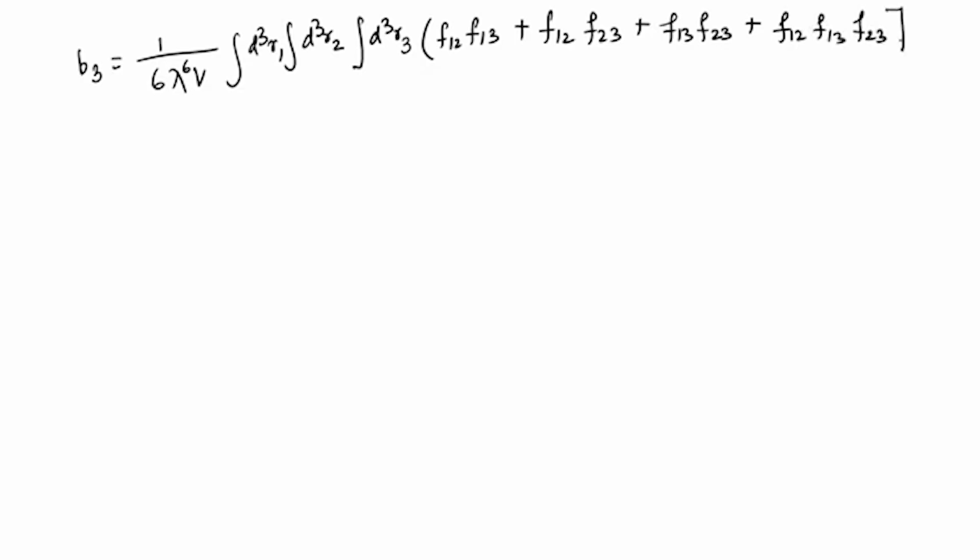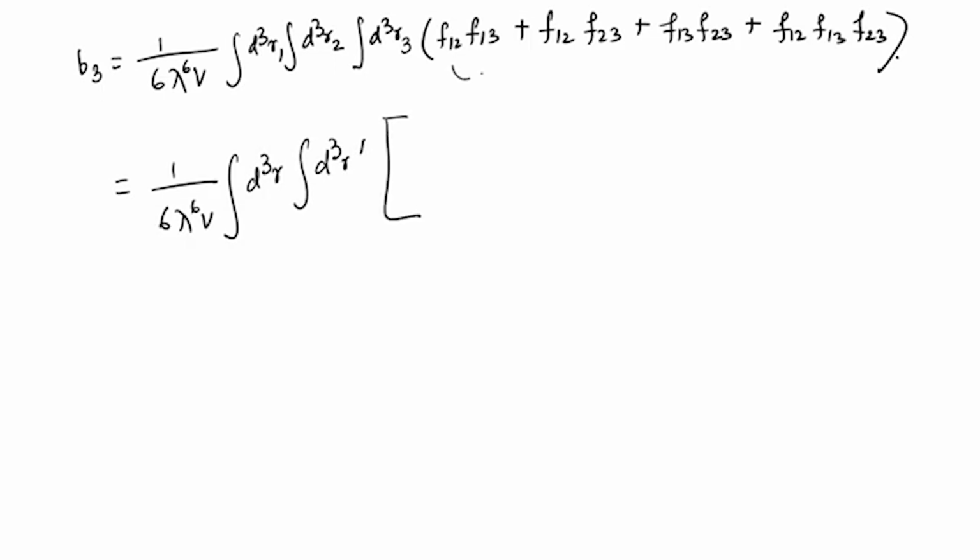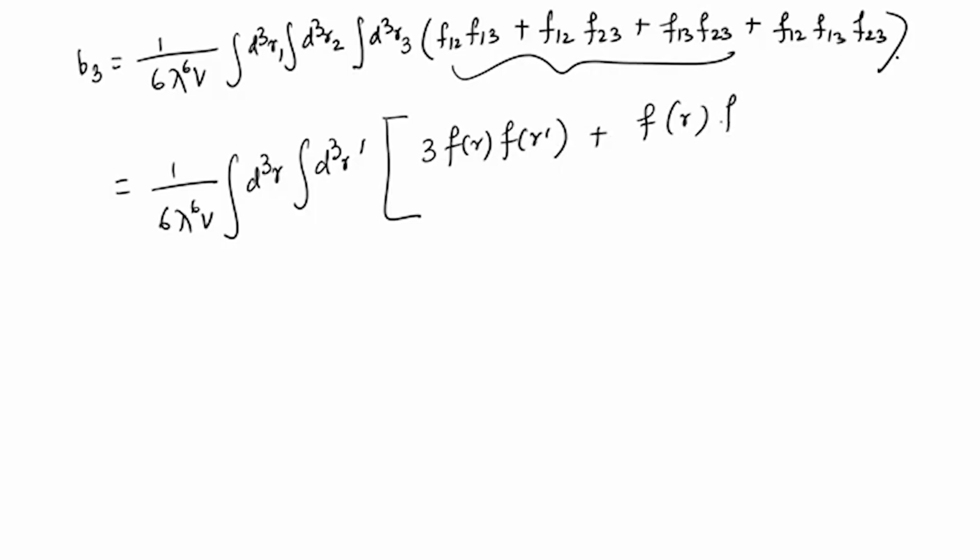This is the form that we have written down earlier in terms of these diagrams, and now explicitly calculating them means that we have these d cube R and d cube R prime, and we have these 3 as identical. So, they can be written as f of R and f of R prime, plus f of R, f of R prime, and f of R minus R prime. Okay, so, that is the last term.